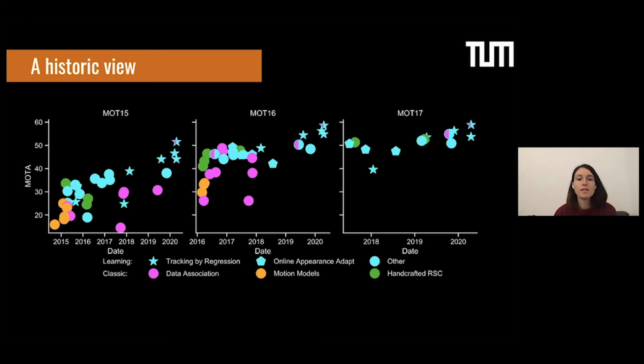And of course, there is the trend that has also been spreading in all of computer vision, which is using more and more learning to solve problems. We see here the trend of tracking by regression, marked by these stars, which has been appearing since more or less 2018, 2019, and is now dominating the challenge in terms of accuracy.